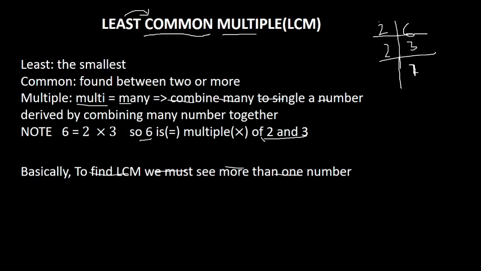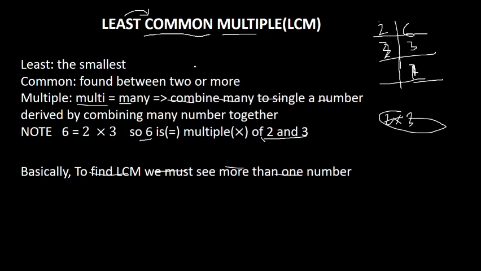So here, 6 is equal to 2 times 3: 2 goes in 6, that is 3, and then 3 goes in 3, that is 1. That is 6. So the multiple of 6 is 2 and 3. You can now see what we are talking about. That is to say, the multiples of any number are the numbers that are multiplied together to form that number.